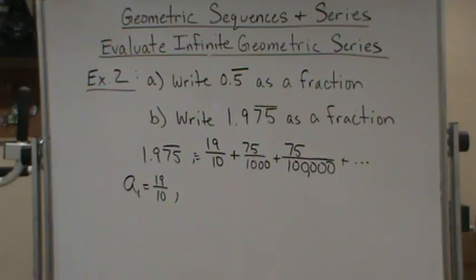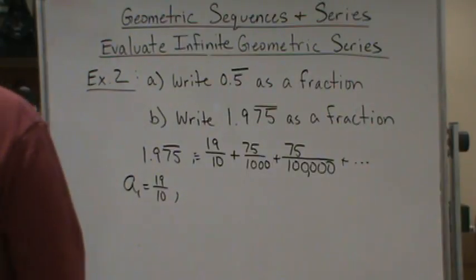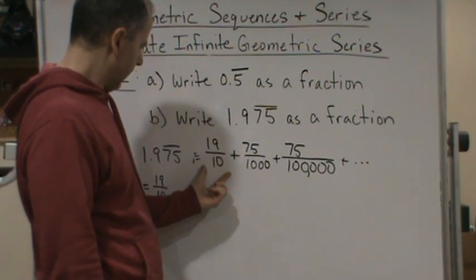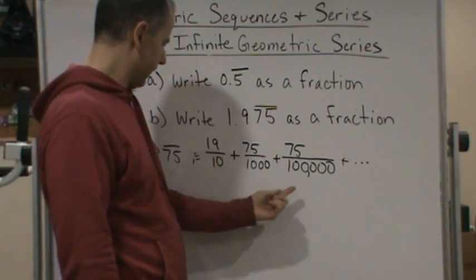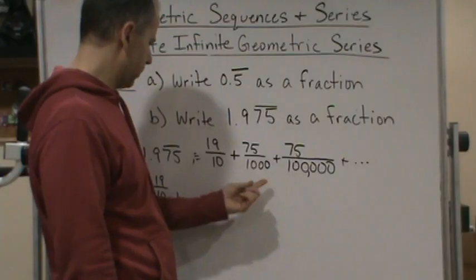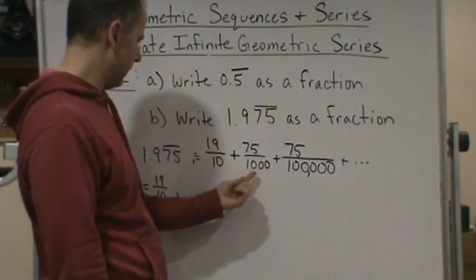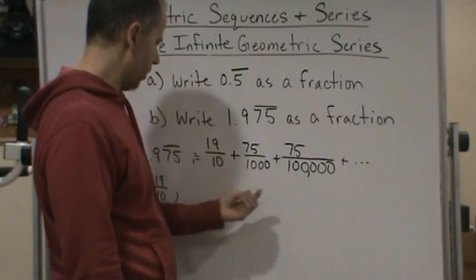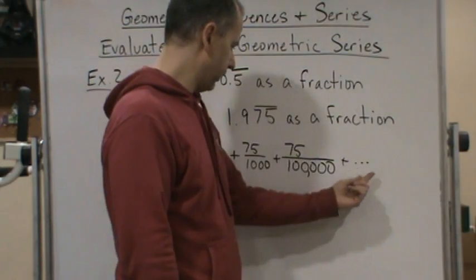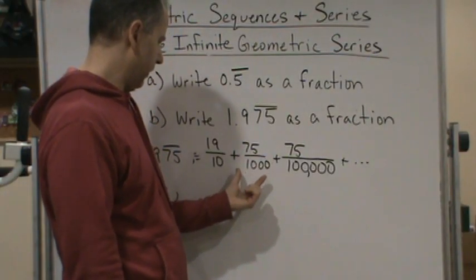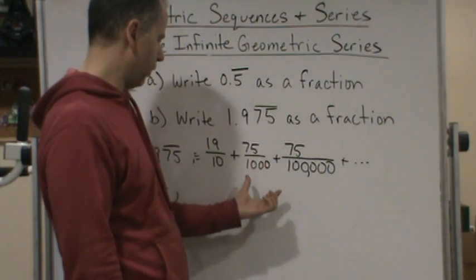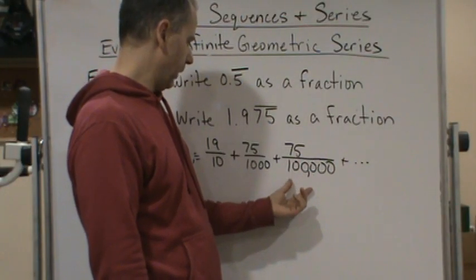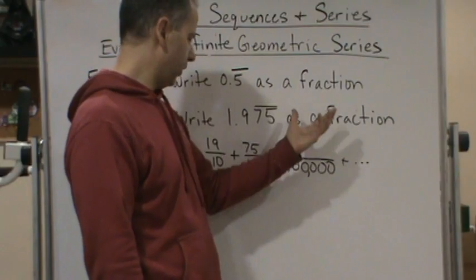Now the issue is with this first term. Notice this first term here doesn't quite work with these, right? If you divide these two, you're not going to get the same result as if you divide these two or the next two, because these are the same. So if you divide these two, you're going to get 1 over 100. If you divide the next two, 75 over 10 million, you're going to get the same thing.